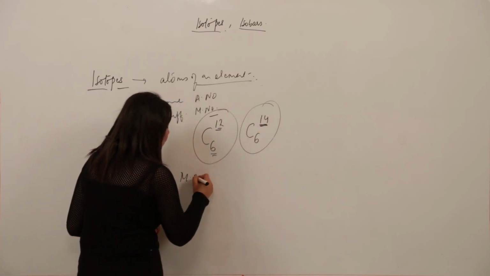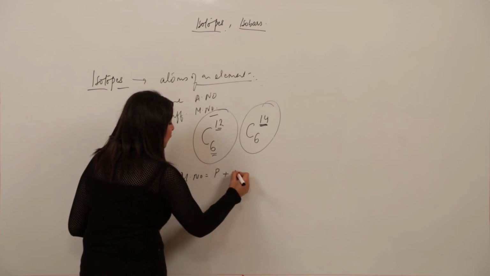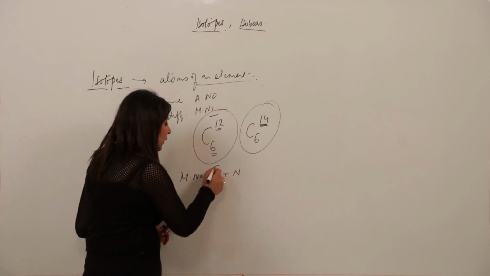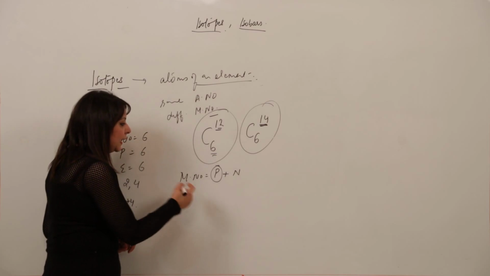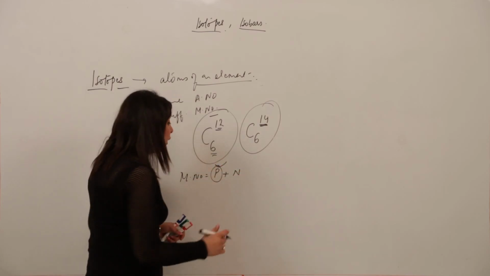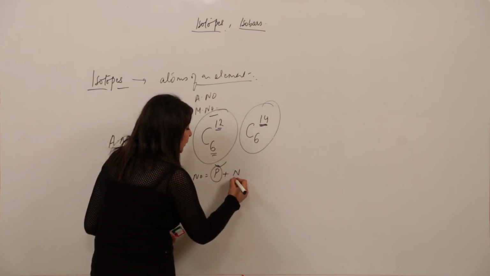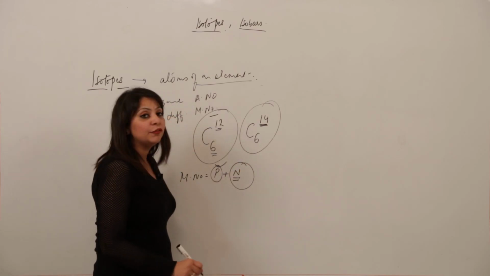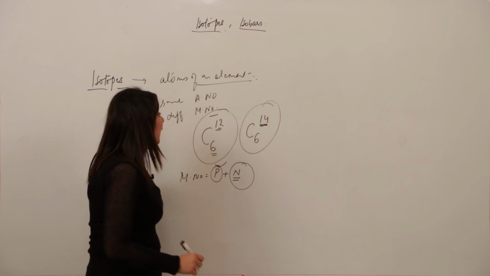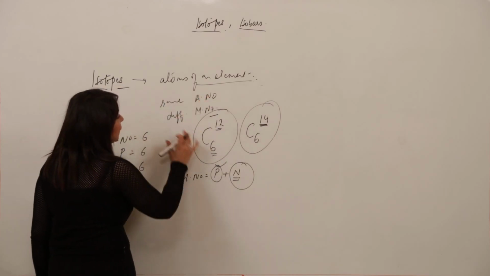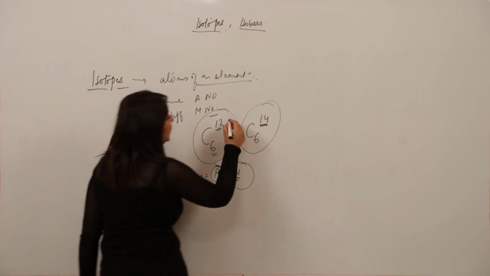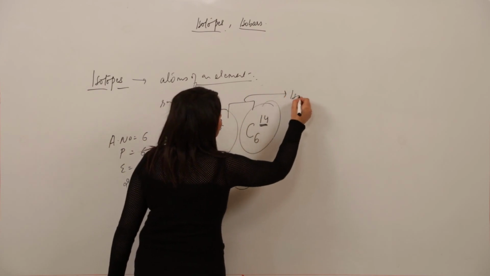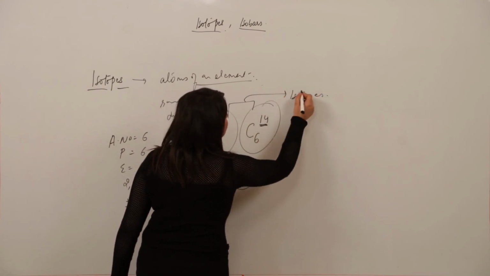Mass number we know is the sum of protons and neutrons. Atomic number is same, so protons are same. So in which aspect do they differ? They differ in the number of neutrons. That is why the relation between these atoms is called isotopes.